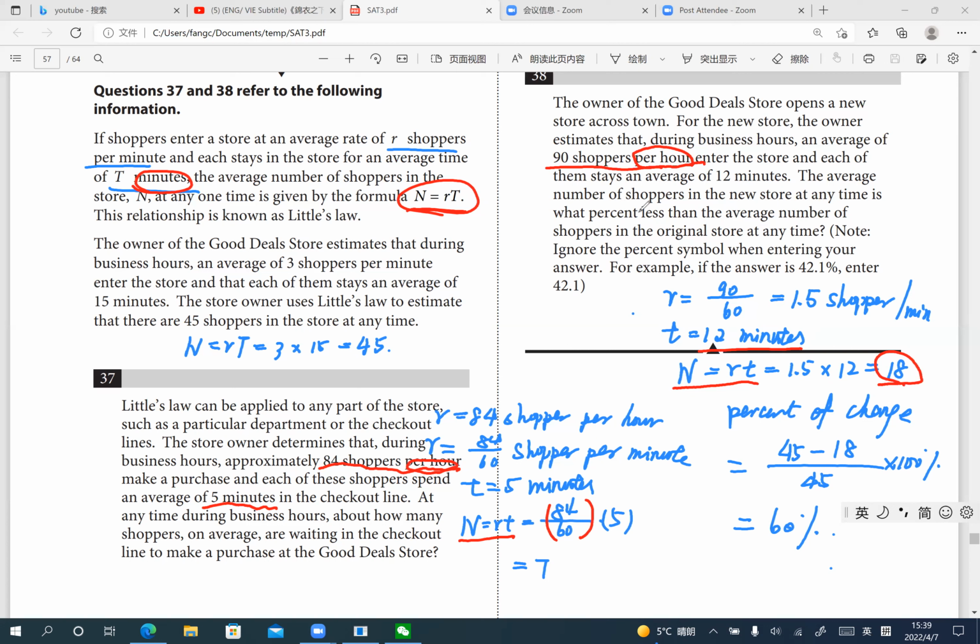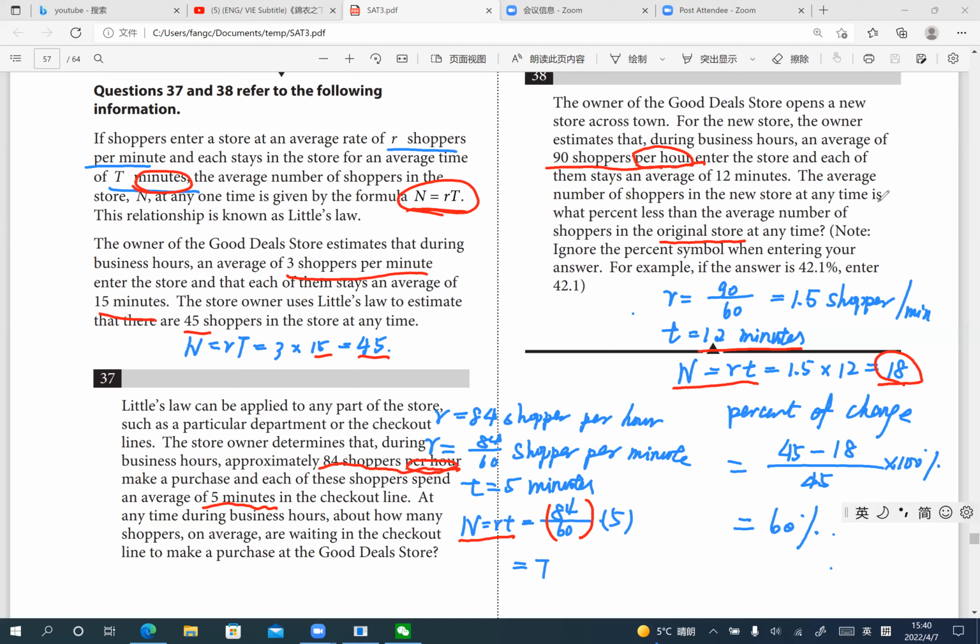The average number of shoppers in the new store at any time is what percent less than the average number of shoppers in the original store. From the description, we know the original store N equals 45, the rate is 3 shoppers per minute, and the average time is 15. So 3 times 15 is 45.